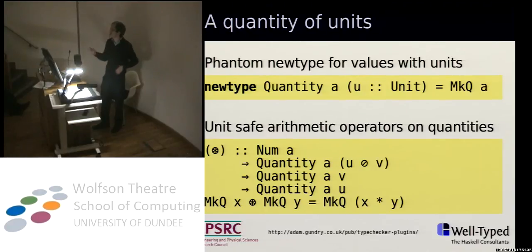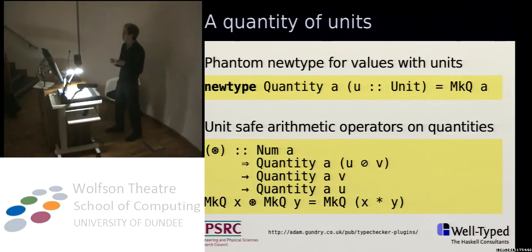I have to channel my inner Phil and say, can you explain why it has that type rather than a more interesting, obvious type? So it's essentially a presentational difference. It would be perfectly valid to give it the type quantity u to quantity v to quantity u times v.